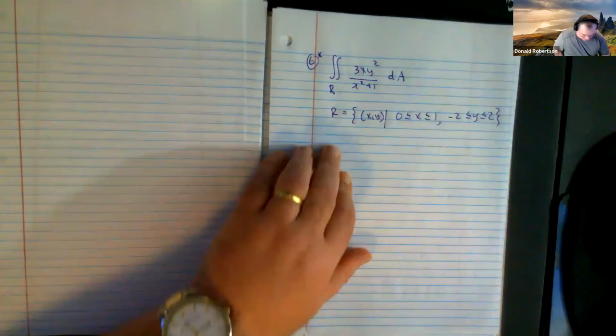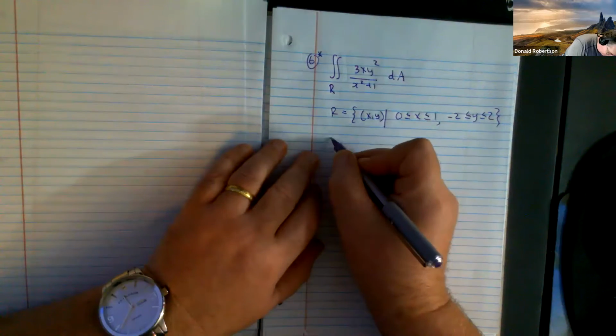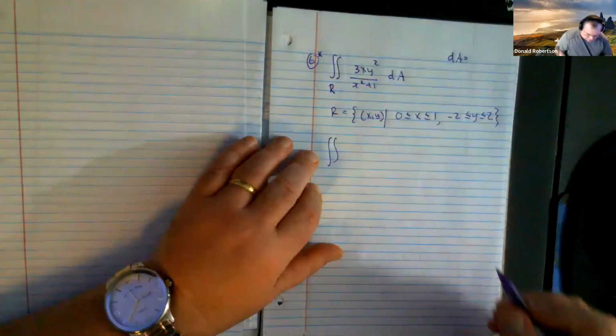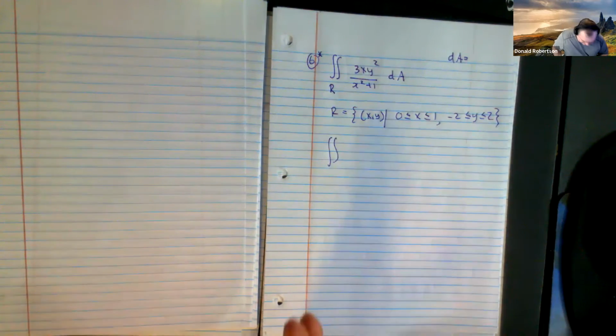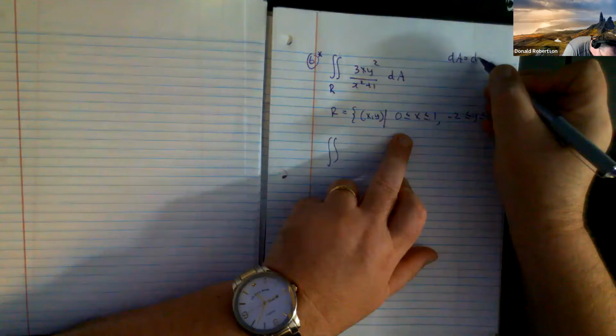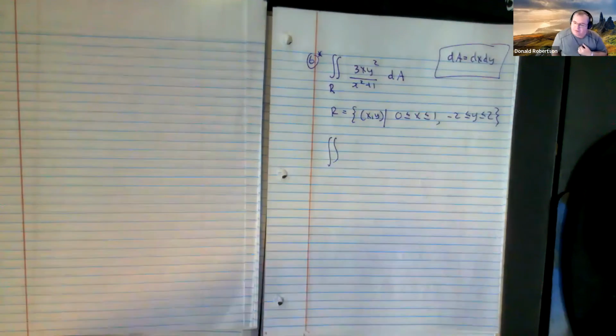Okay, so this is still a double integral. It's got a little bit different going on. First thing is that dA means you're integrating over an area, and this area is a rectangle. So we can basically just call this guy dx dy. So you okay with that piece?